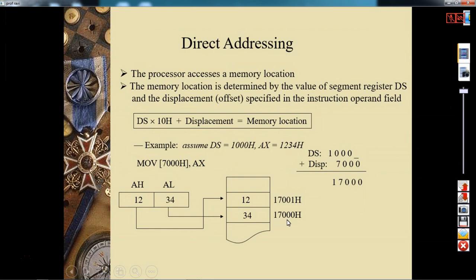From 17000, whatever content is there will be moved. The content here is 34. 34 will be moved into AL, and then the content of 17001 will be moved into AH. And this is the calculation of your particular addresses.